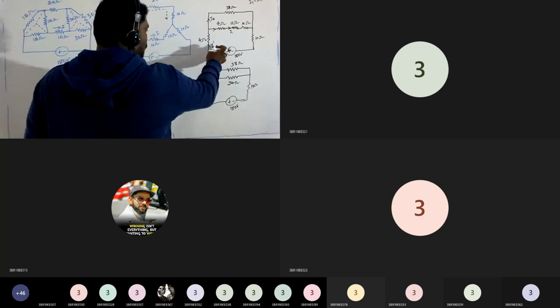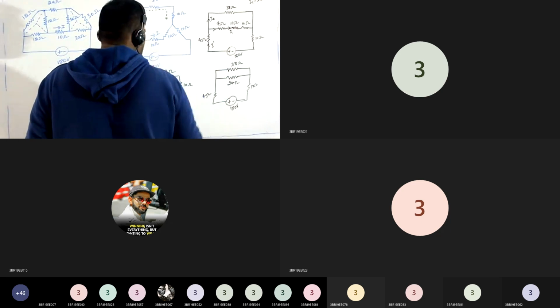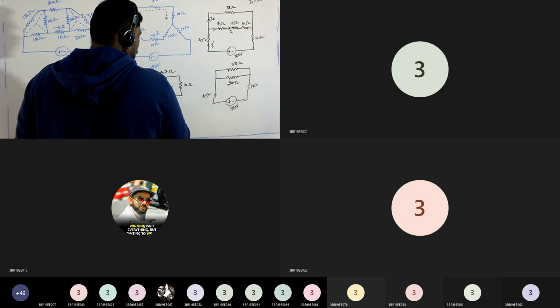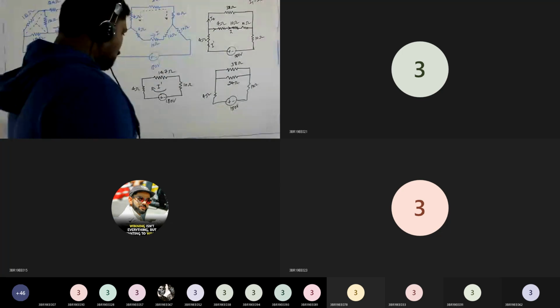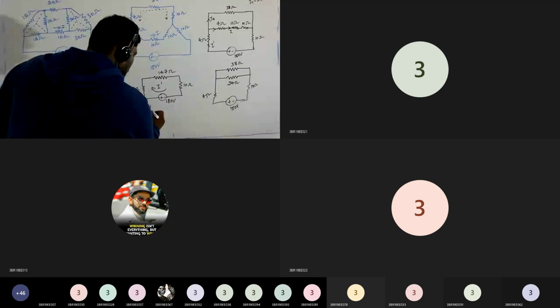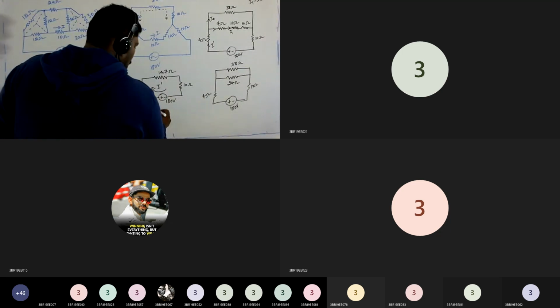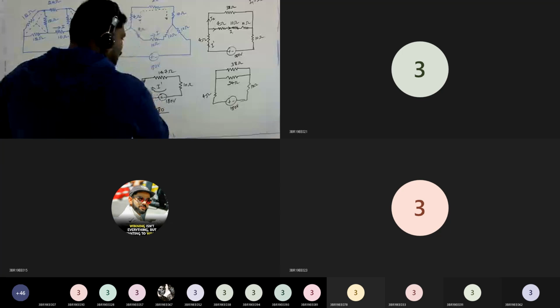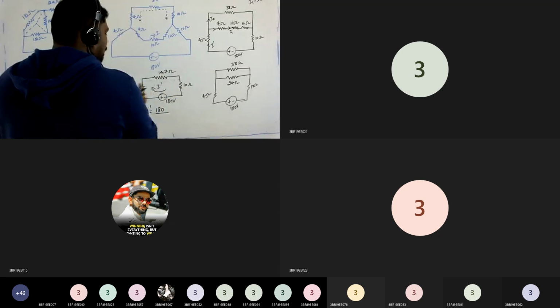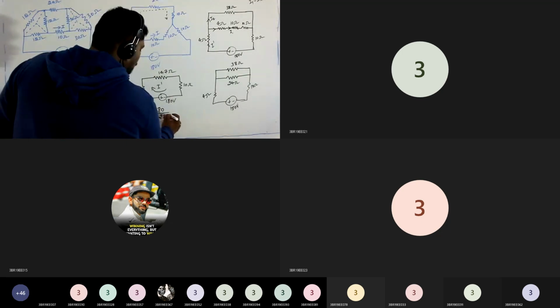Let me call it I dash, because I have taken that notation. I dash will be the total current. How to find the total current? Simple Ohm's law, V by R. 180 upon the total resistance of the circuit, where all three are in series: 10 plus 4, 14, plus 14.7, that is 28.7.